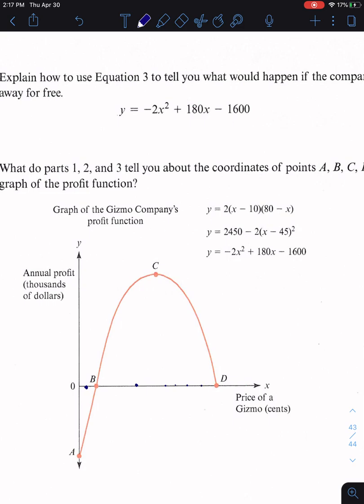Then we start pricing ourselves out of business, because people are going to say, wait, this is way too expensive, I'm not going to buy any, and the gizmo is not going to sell very well, so eventually they're just going to make zero. And usually this goes down as well, because if you price yourself so high that you don't sell any at all, then you're going to lose all the money you've put into it.